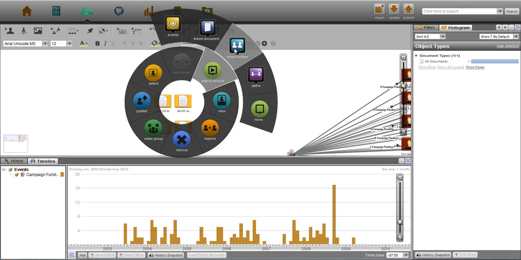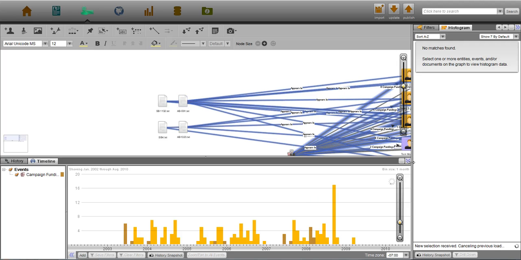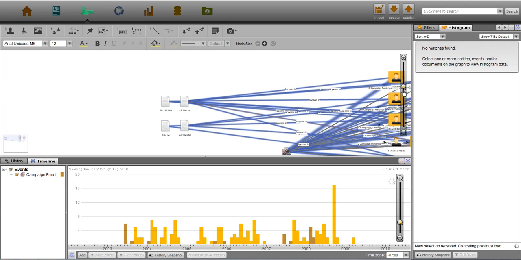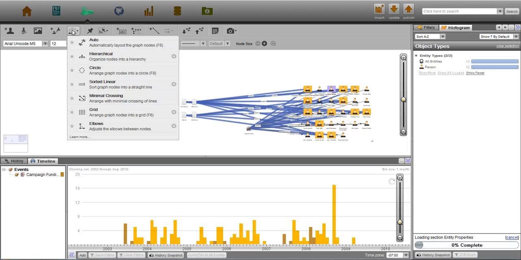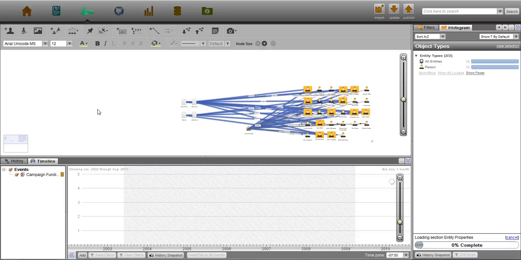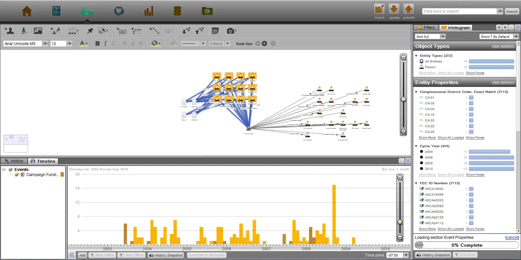So I'm going to search linked entities. And it looks like we've got some results here. So it looks like 12 congressmen and congresswomen have been involved in these 4 pieces of legislation. And I only tagged supporting.